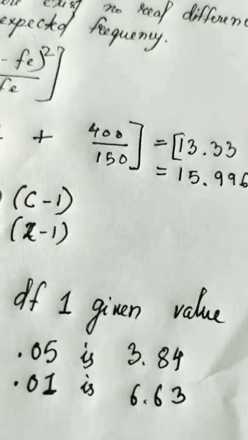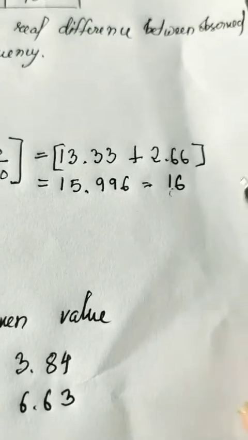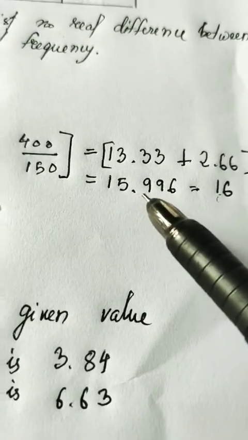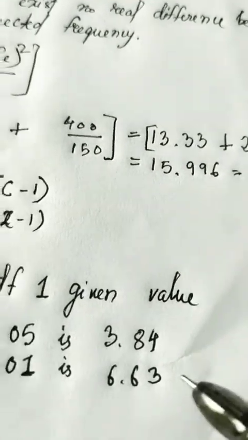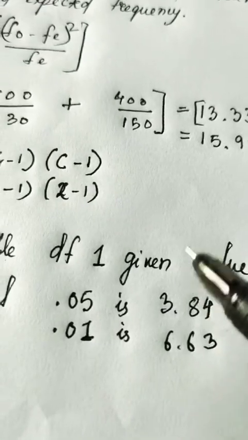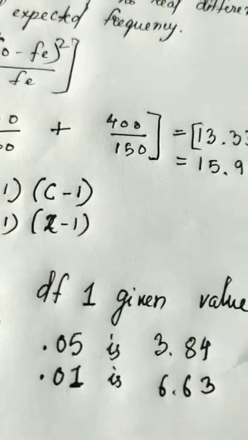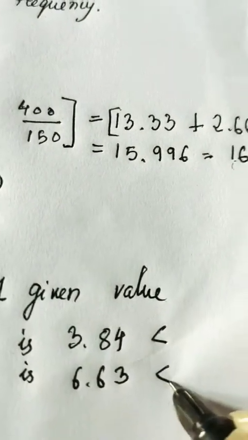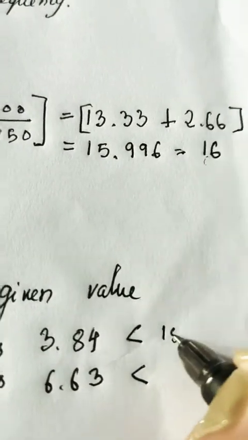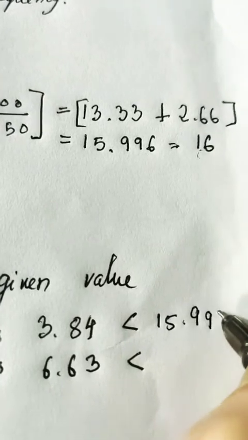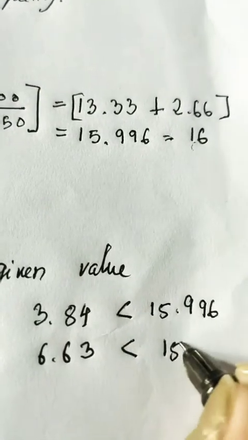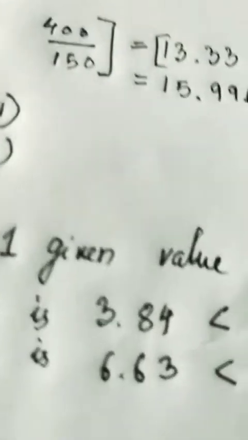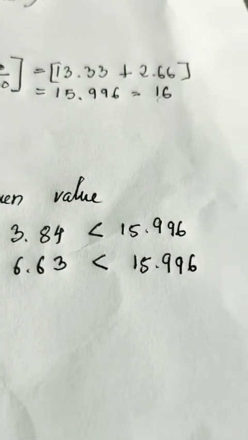So we see the value, round figure 16, exactly 15.996, which is much greater than both the level values. This value is much greater.